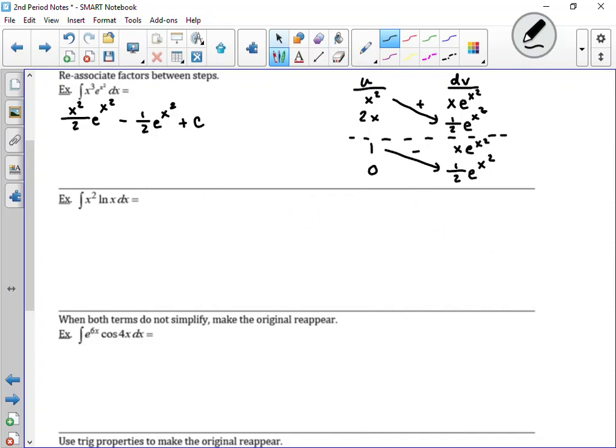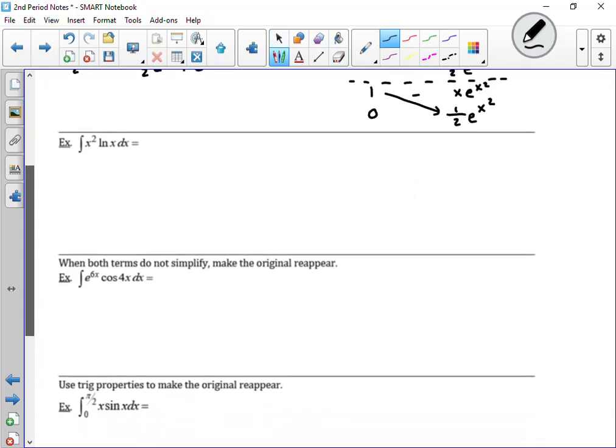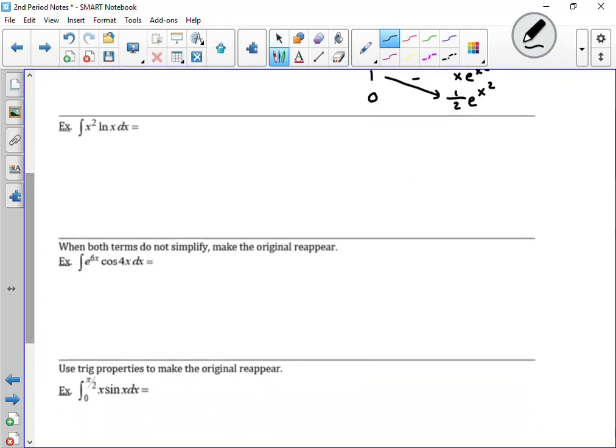Now here's the only tricky part, when you don't know the integral of something. Because you don't know how to integrate natural log x, right?